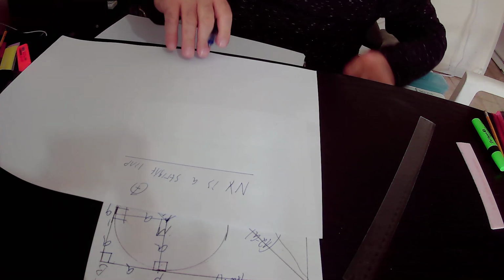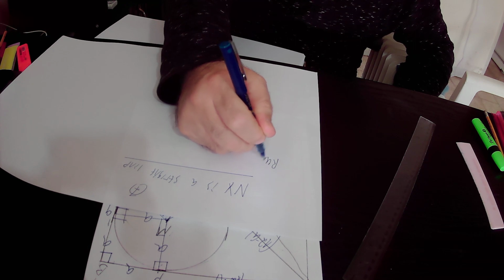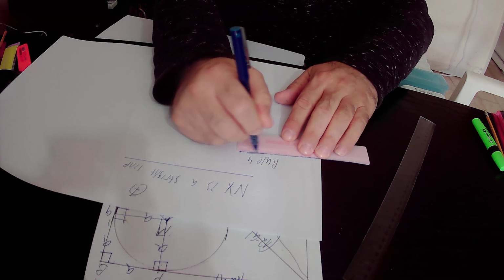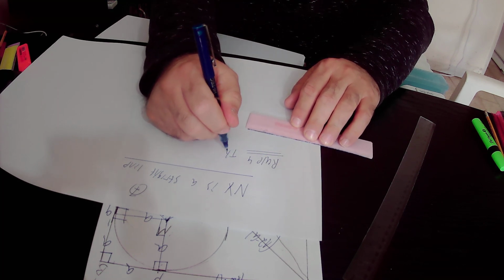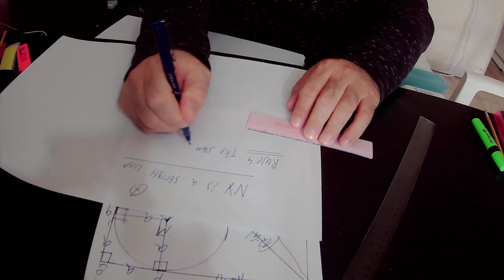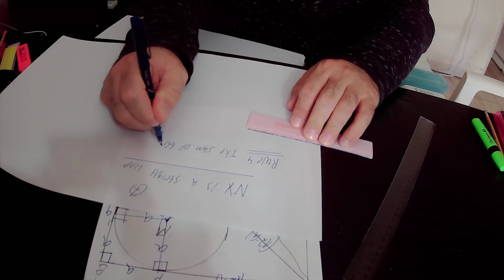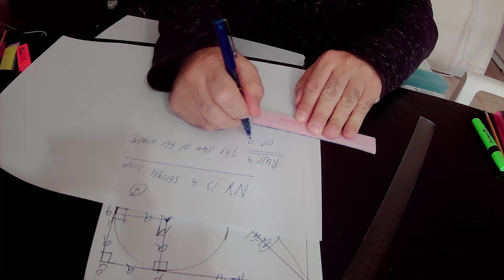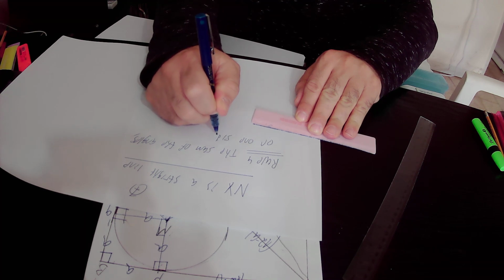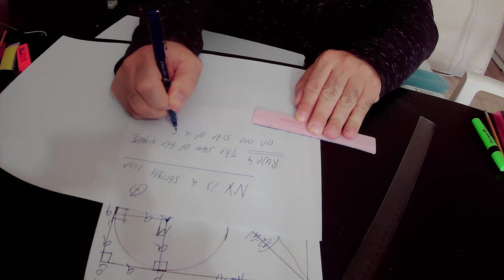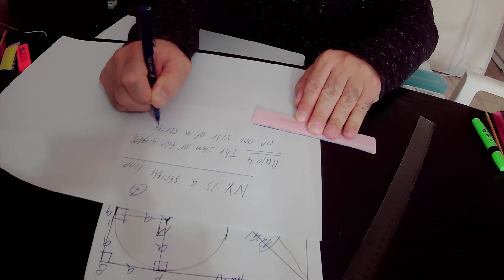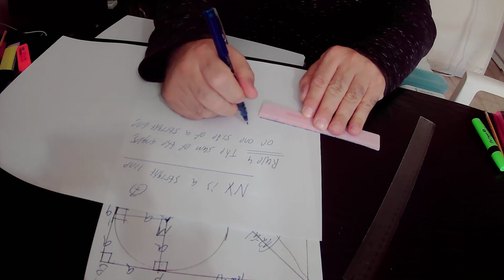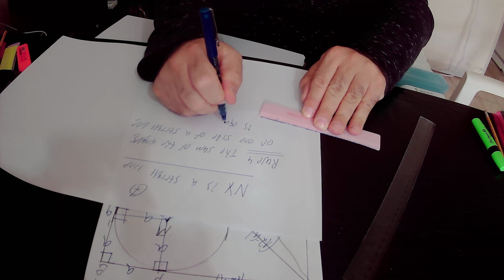According to rule number 4, the sum of the angles on one side of a straight line is equal to 180 degrees.